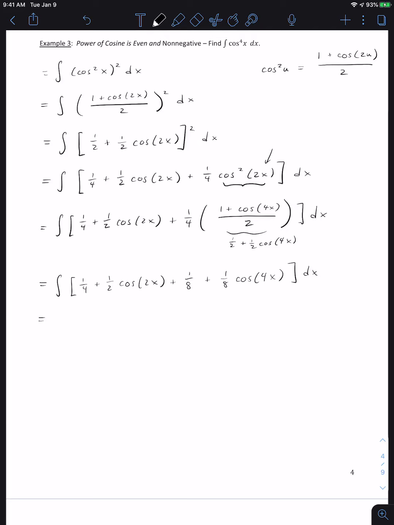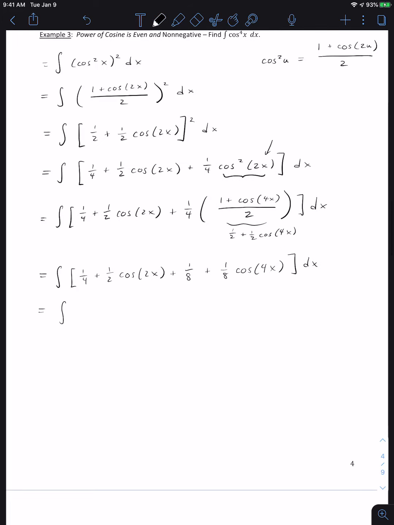I'm going to combine my like terms here. The 1/8 and the 1/4, 1/8 plus 1/4, is going to give me 3/8. So I can just write this as the integral of 3/8 plus 1/2 cosine of 2x plus 1/8 cosine of 4x, dx.